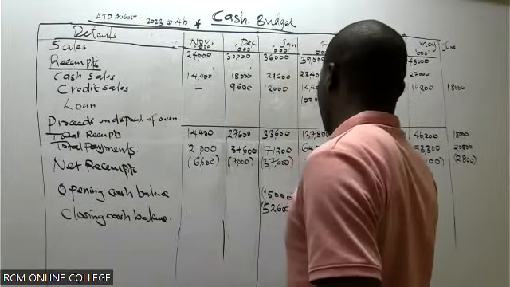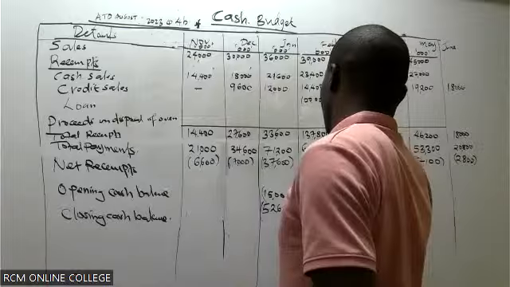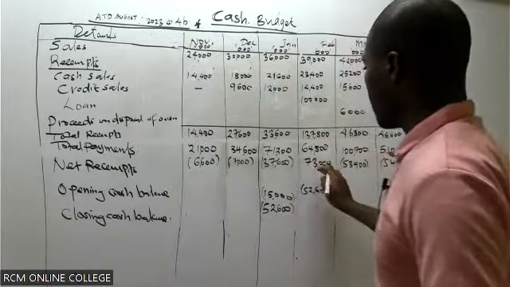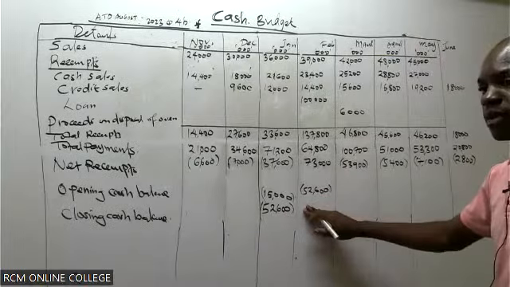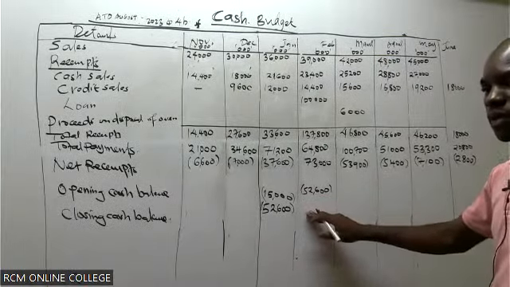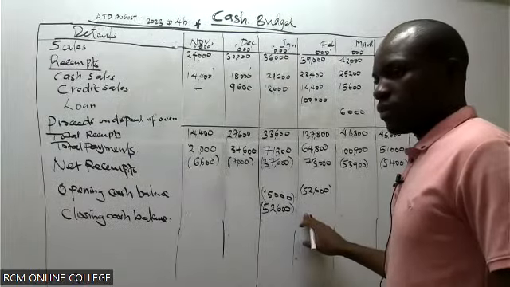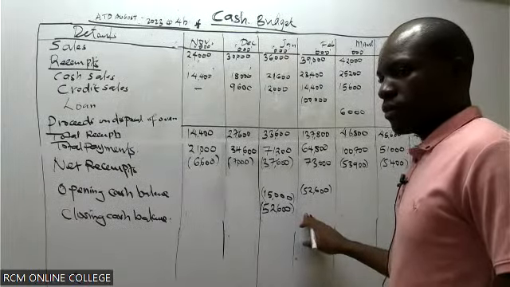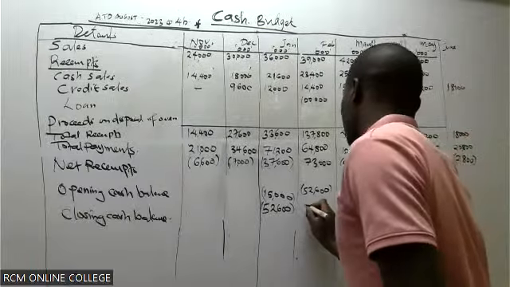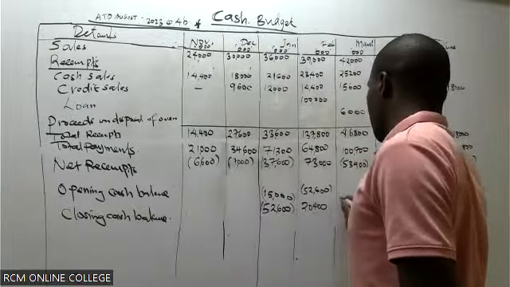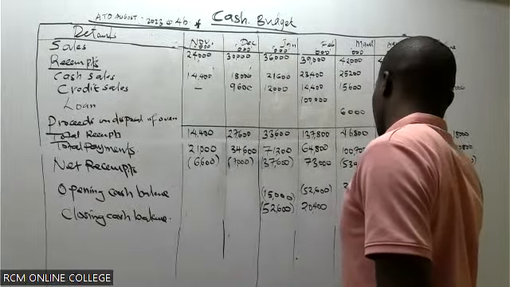Overdraft. That becomes the opening 52,600. 52,600 ukiongeza na 73,000 which is a positive, unapata ngapi hapa? Tunapata ngapi hapa? What are we getting down here? 2,400. 2,400 is the closing, which becomes the opening of this other side.